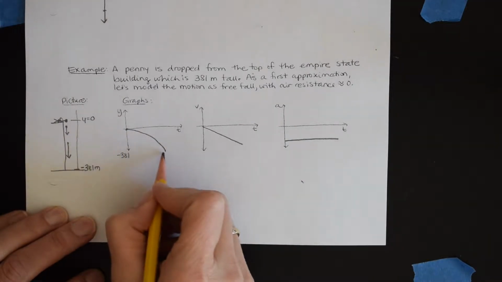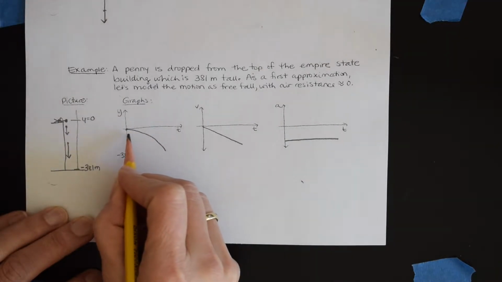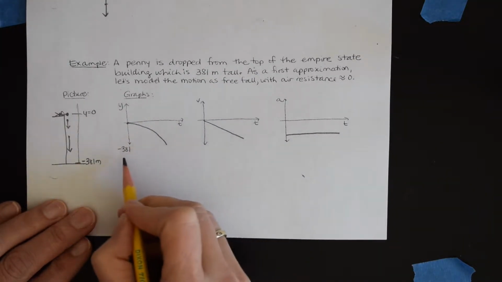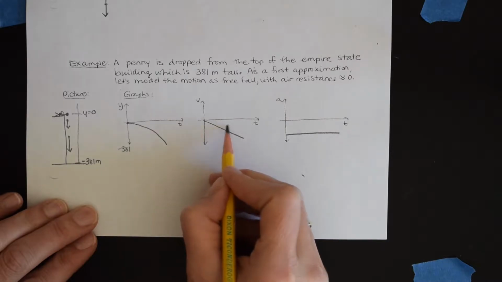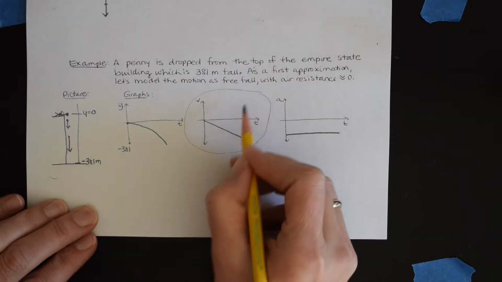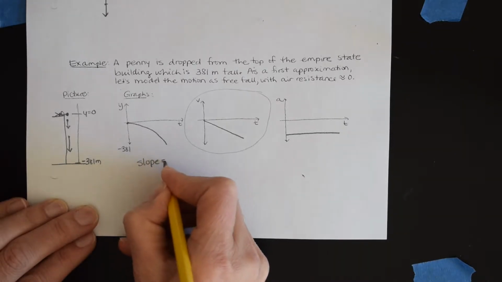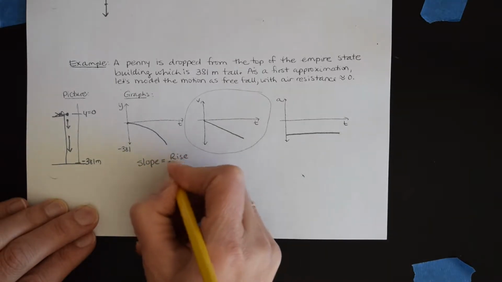So it'd be really hard to use this graph because it'd be hard to find the slope of this using the math that we have in our class. So let's look at this graph. This graph, we could do slope and area. So let's start with slope, and slope is rise over run.